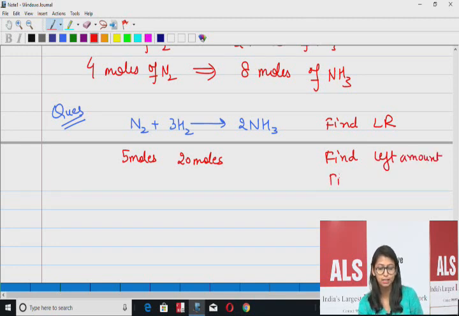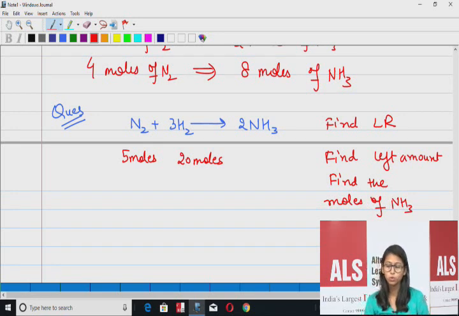And then find the moles of NH3. All the things which we calculated in the previous question, you have to find the same. Do it, everyone. I am waiting, and I have already written the balanced equation. If you want, you can take the help of the previous question. Do it. Still finding any difficulty? Let me know. I'll explain.